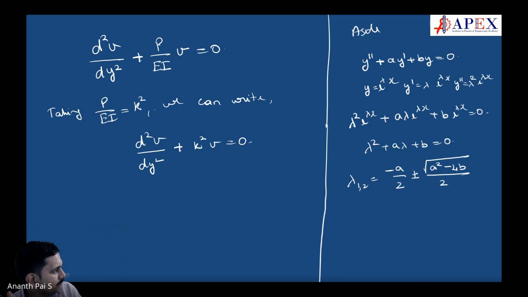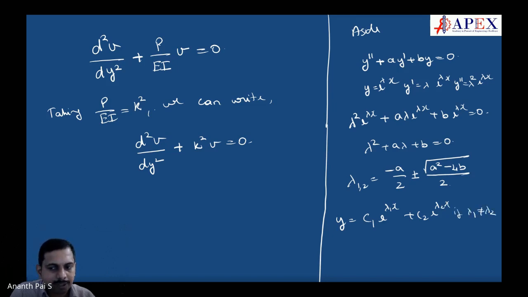After we get lambda 1 and lambda 2, the solution is y is equal to c1 e power lambda 1 x plus c2 e power lambda 2 x, if lambda 1 is not equal to lambda 2 and they are real. Real means lambda 1 and lambda 2 are different and not complex.